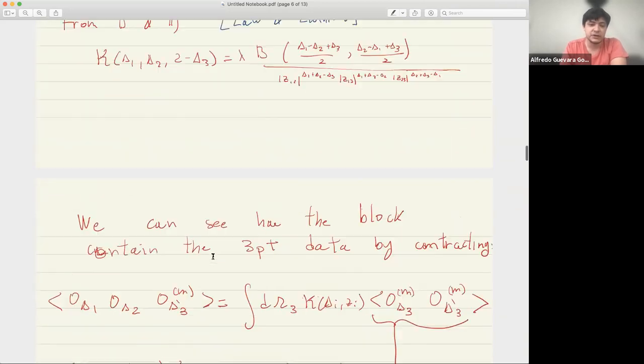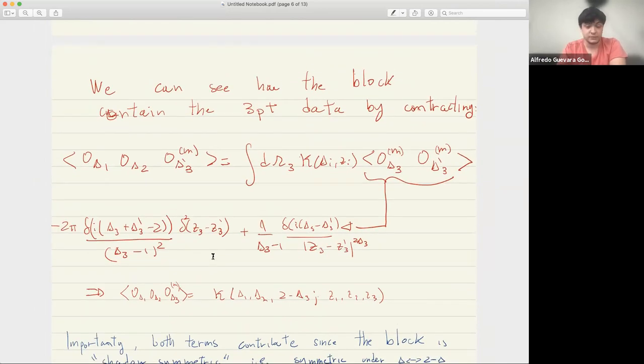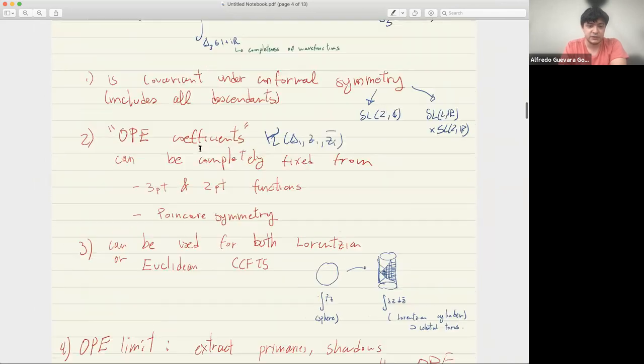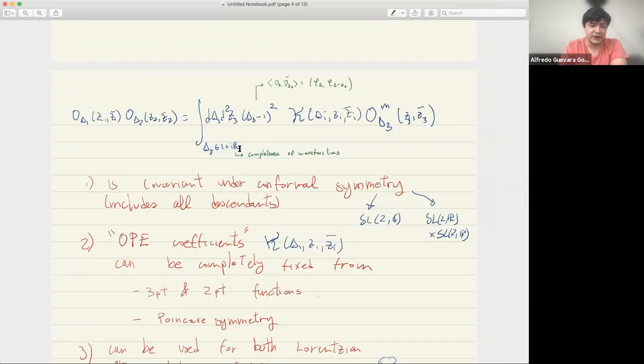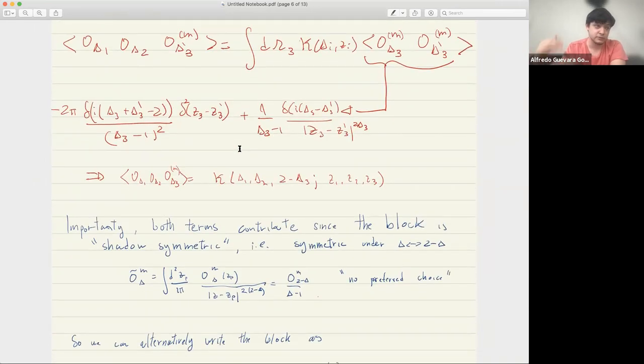So if you recall, the integration region covers the full imaginary line, and that means that you're considering both primaries and shadows. Why is that? Because when you shadow one of these operators, because it's a massive operator, you get a reflection.